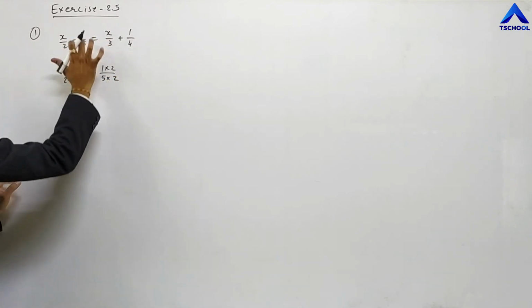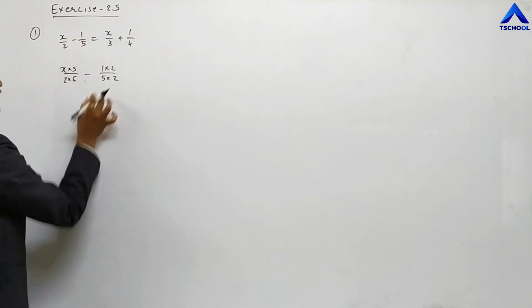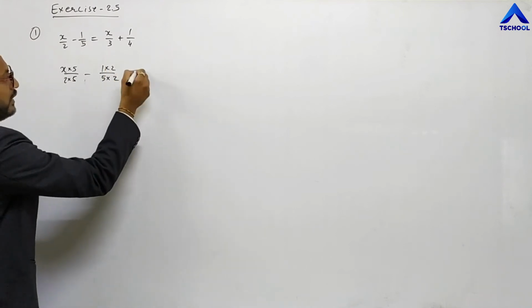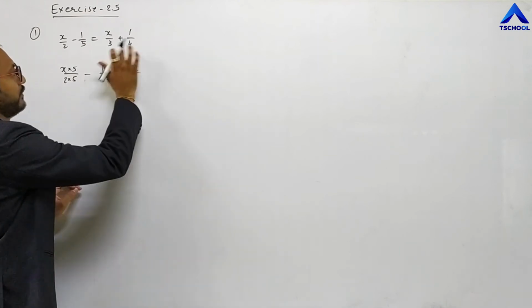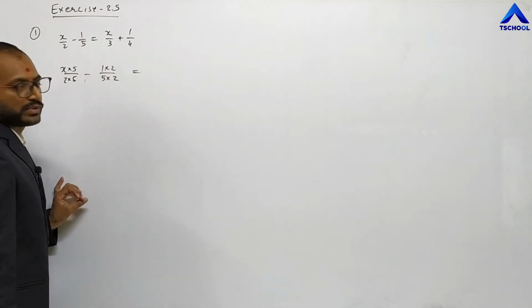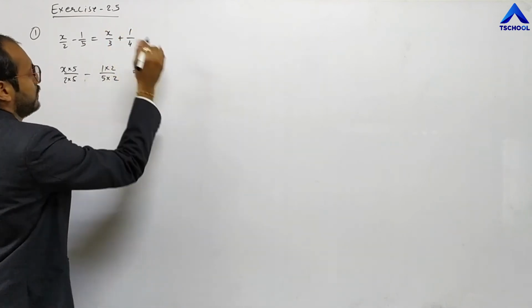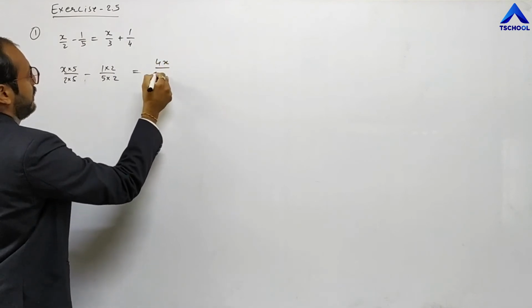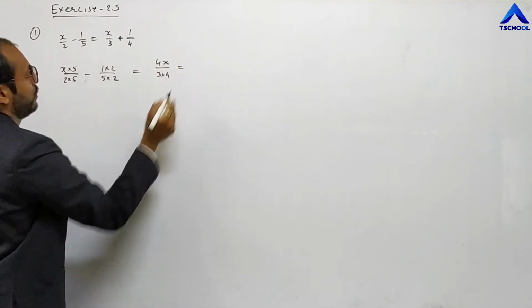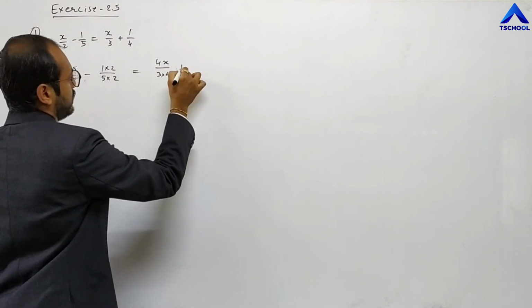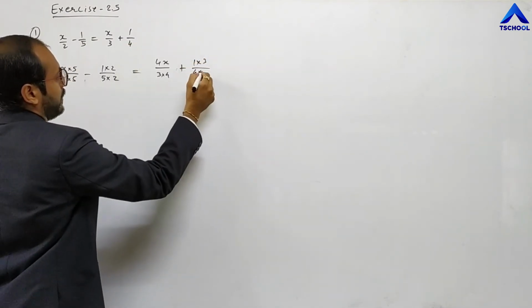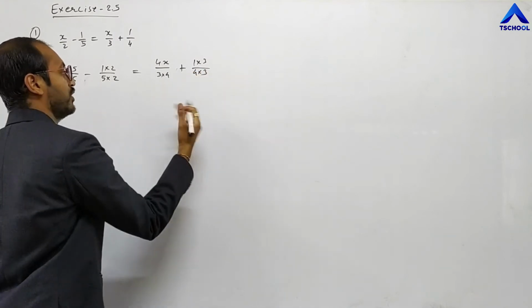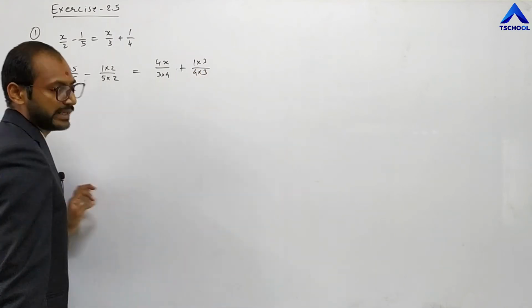By multiplying 2 here and 5 here, we get denominator 10. Now on the right side, 4 3s are 12. So LCM is 12. So 4x divided by 3 times 4, plus 1 multiplied by 3 divided by 4 multiplied by 3. The denominator is also equal on the right hand side.